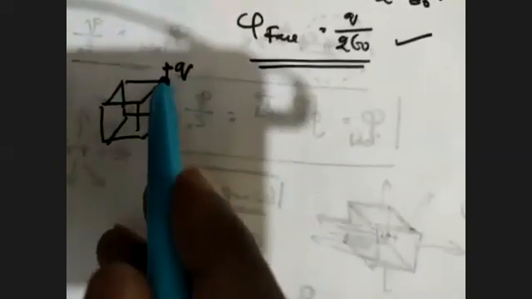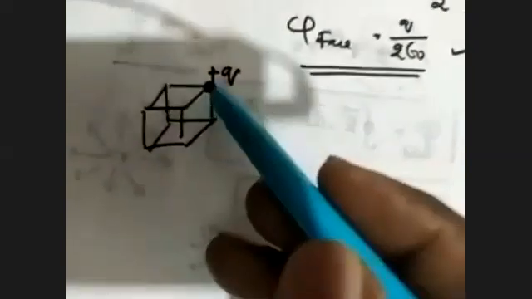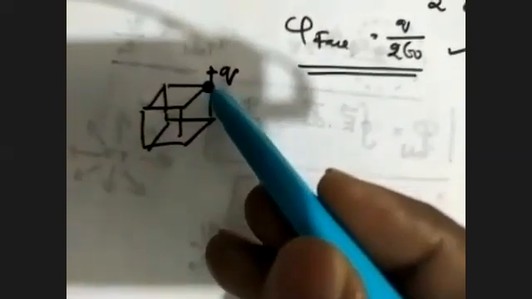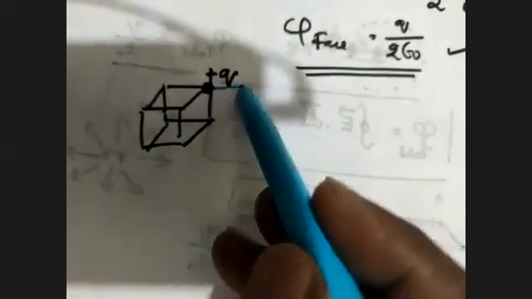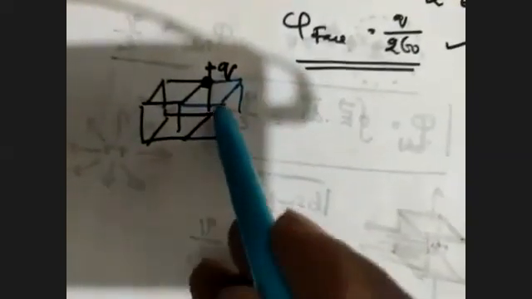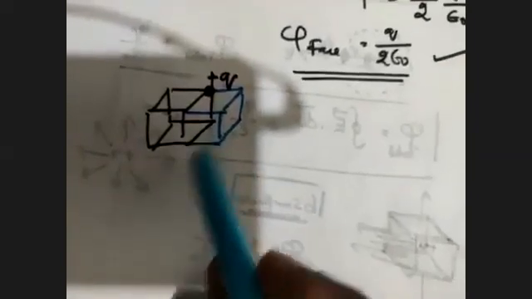So what to do? First, see, this is the base cube. Here at the top of this base cube, the charge is there. So first you have to close this one. Right, now it is closed.